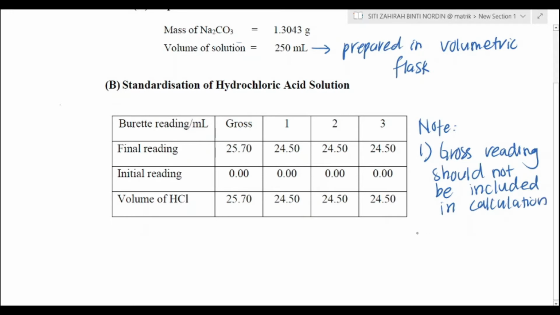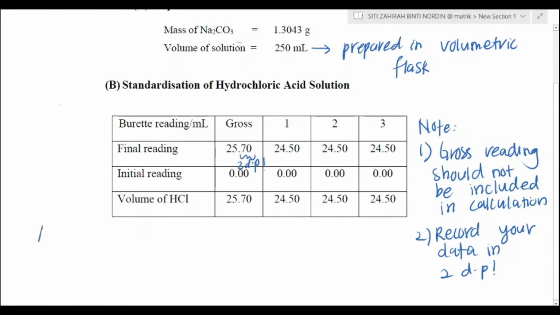Second, you must record your data in 2 decimal places. For example, if you've got a reading of 25.7, the data that needs to be recorded would be 25.70, which is in 2 decimal places.